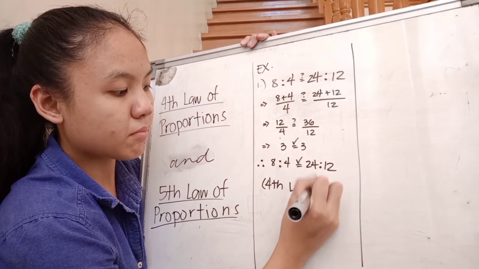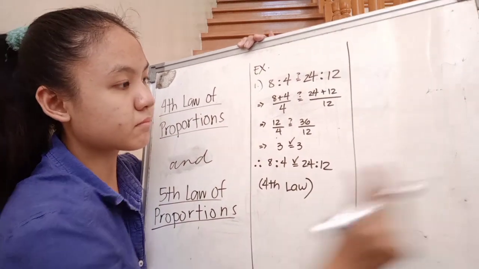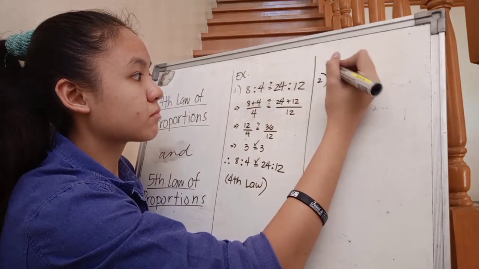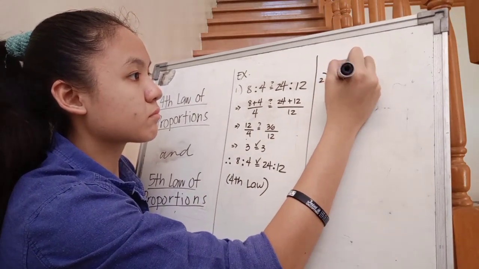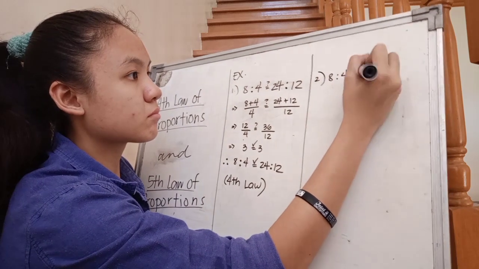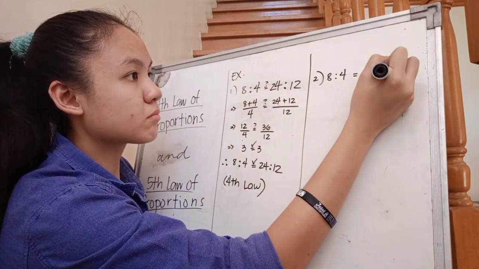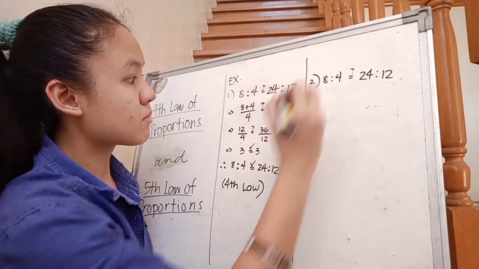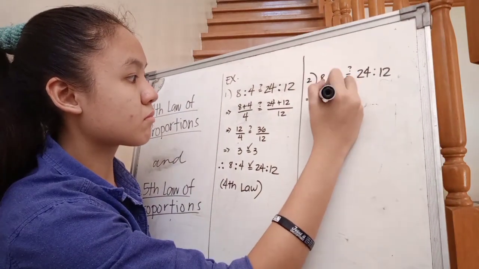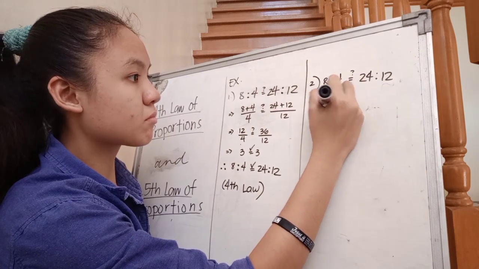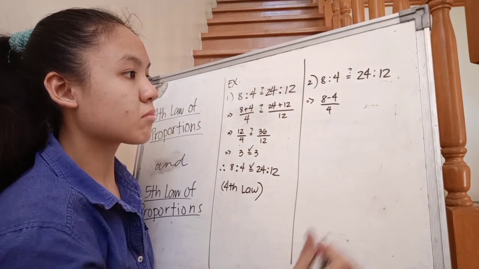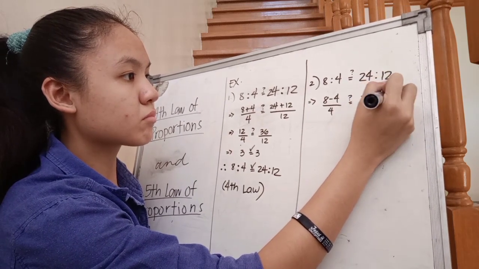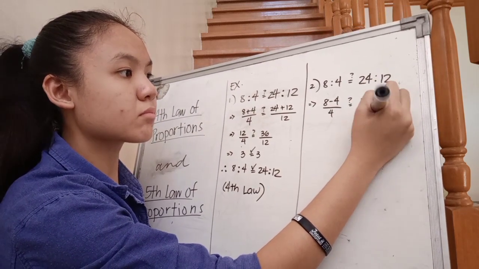So in the first example, we used the fourth law. Our second example, 8 is to 4 is equal to 24 is to 12. So same example, but this time we're using the fifth law. So 8 minus 4 over 4 is equal to 24 minus 12 over 12.